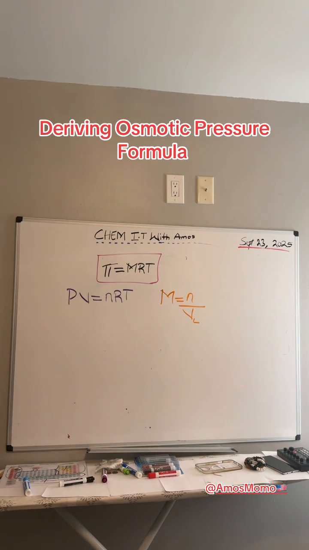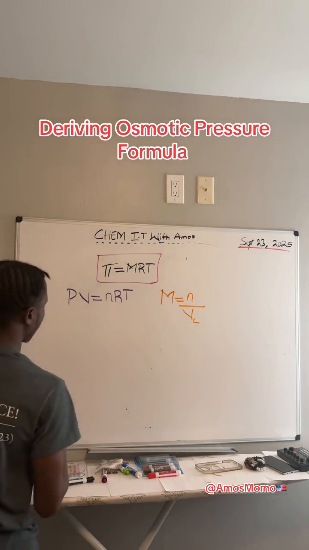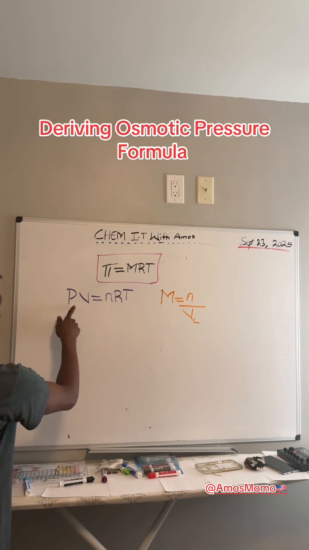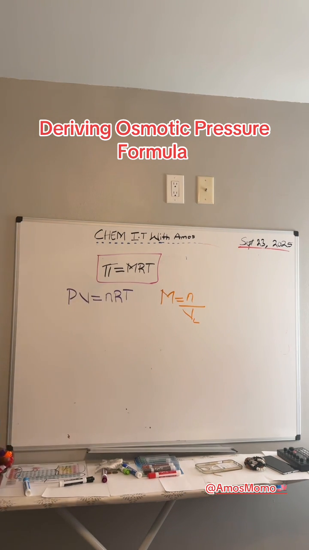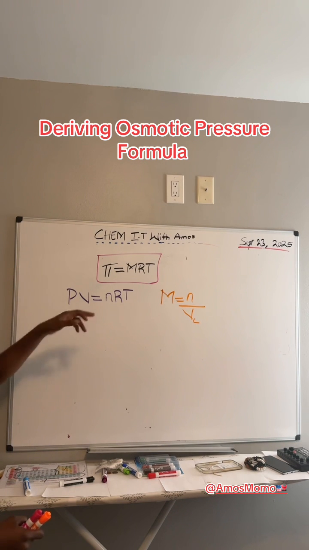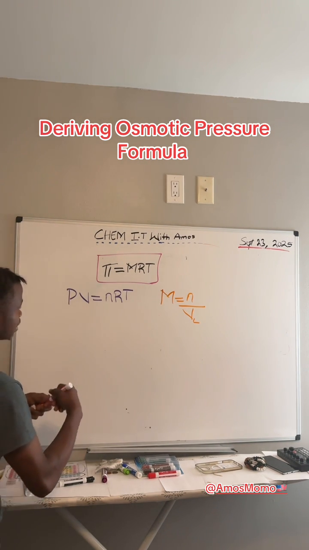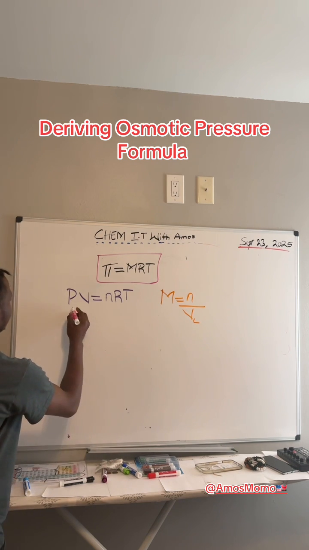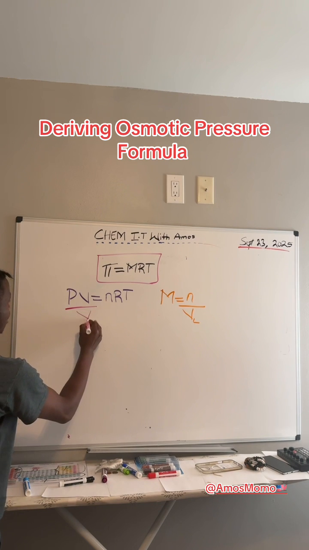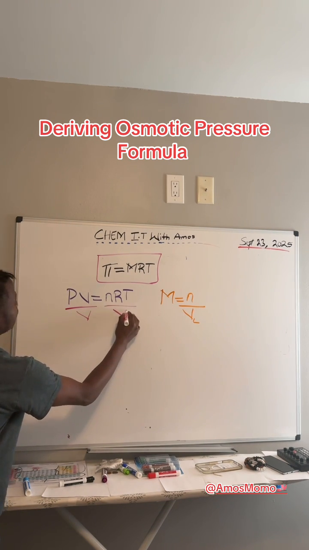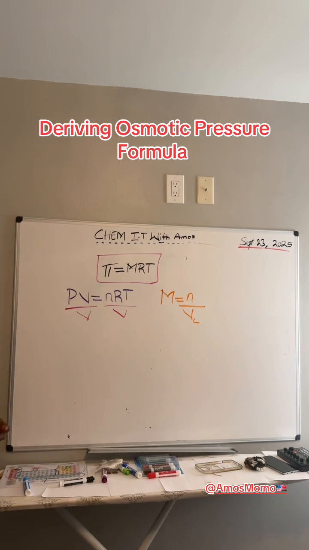So to derive this now, we can try to send V across. If we do that, we can divide here by V and here by V. What happens?